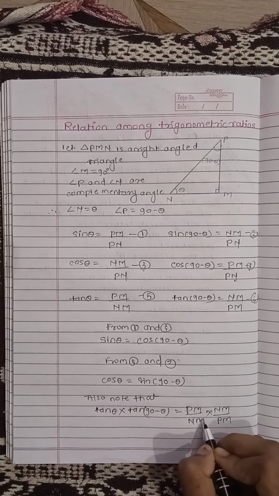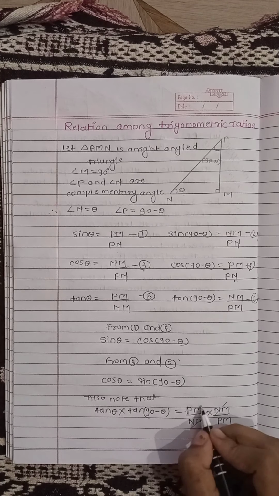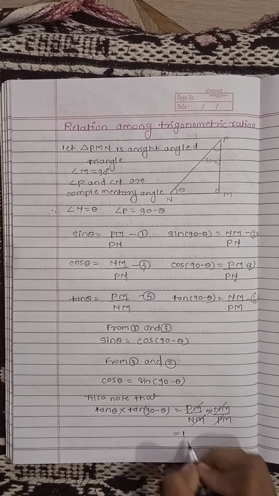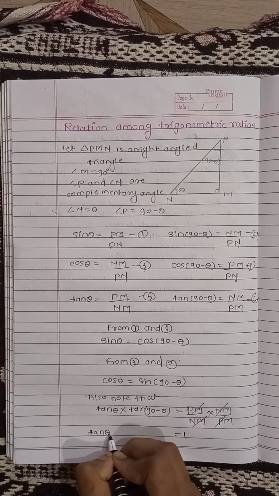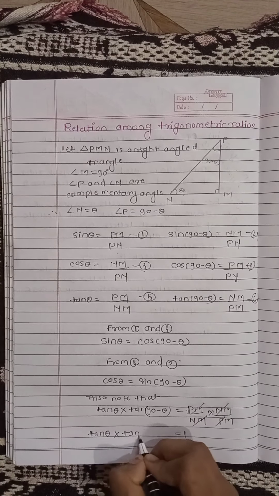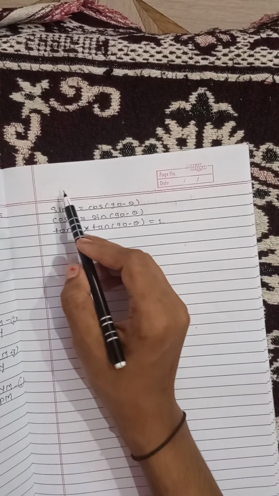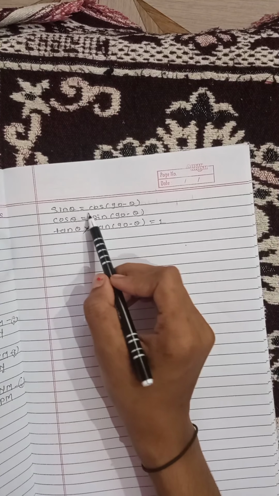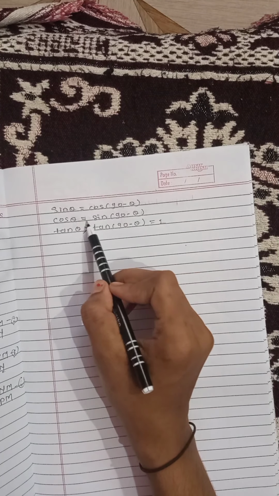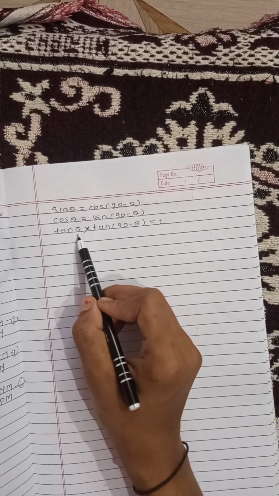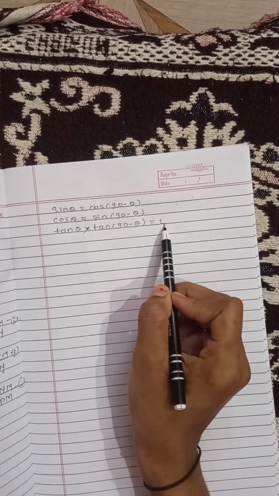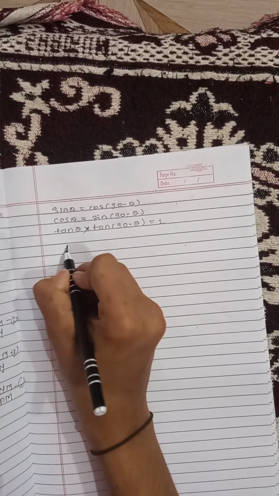By cancelling NM and PM, we get tan theta into tan 90 minus theta is equal to 1. Now this is what we found: sin theta is equal to cos 90 minus theta, cos theta is equal to sin 90 minus theta, tan theta into tan 90 minus theta is equal to 1.